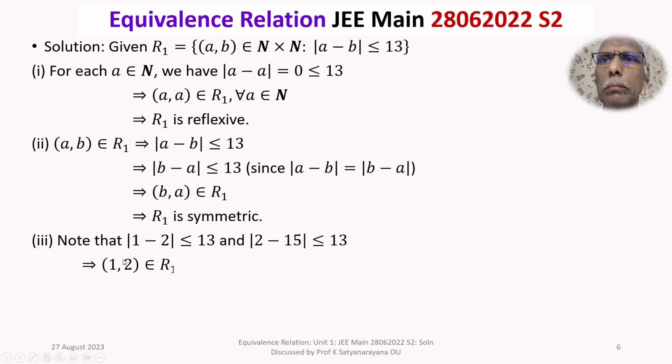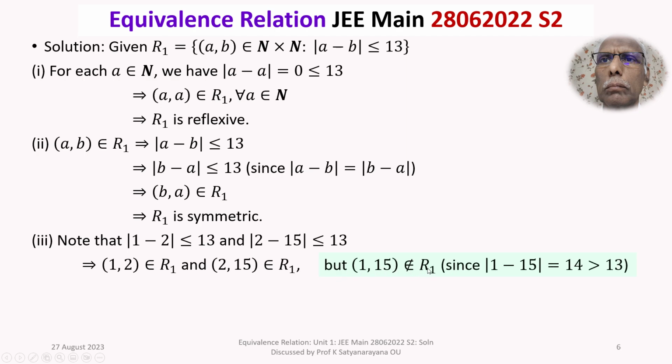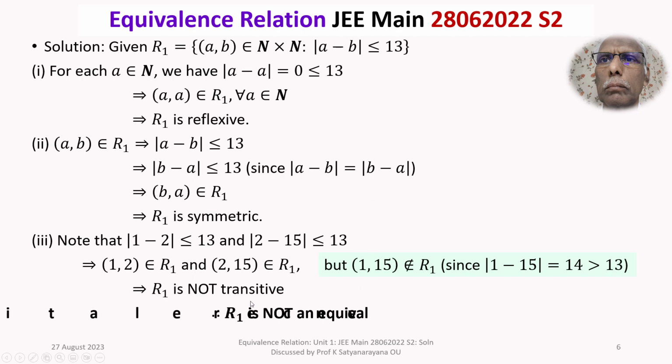That means (1, 2) belongs to R1 and (2, 15) belongs to R1, but (1, 15) does not belong to R1. Why? Because mod of 1 minus 15 is 14, which is greater than 13, which violates the condition. So the transitivity is not satisfied. So R1 is not transitive. Thus R1 is not an equivalence relation.